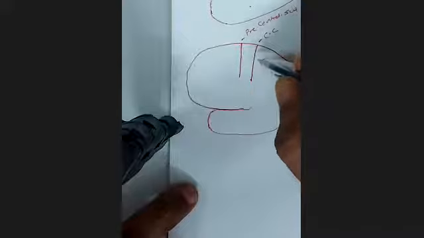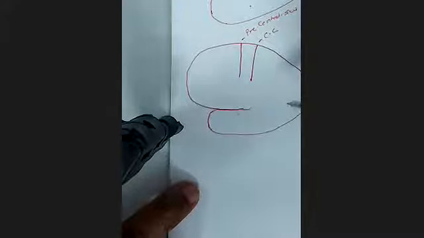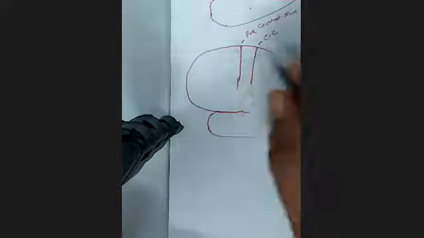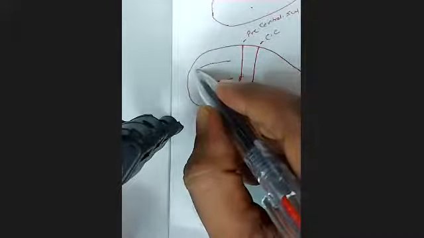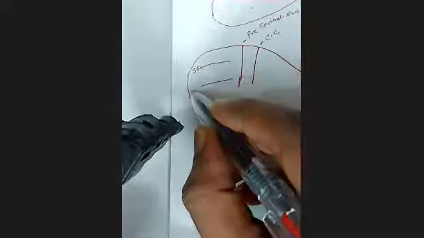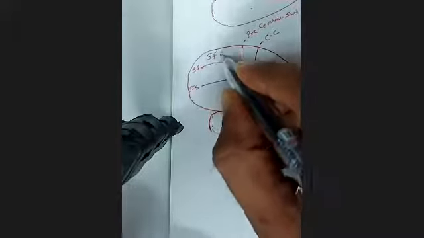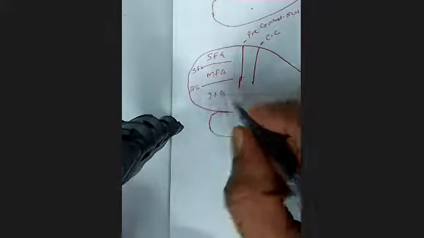Pre means before, so before the central sulcus is the precentral sulcus. The remaining part of the frontal lobe is very easy. There are only two sulci: superior frontal sulcus and inferior frontal sulcus, which divide the frontal lobe into superior frontal gyrus, middle frontal gyrus, and inferior frontal gyrus.